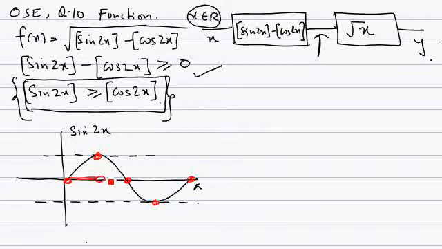So this red graph is the graph of greatest integer of sin 2x. Now greatest integer of cos 2x, we draw the graph of cos 2x. The graph of cos 2x is like this.